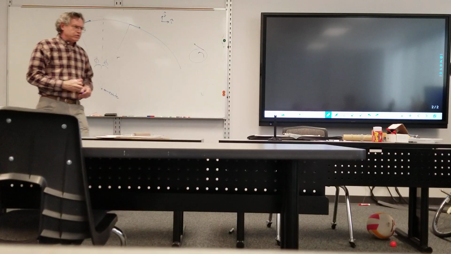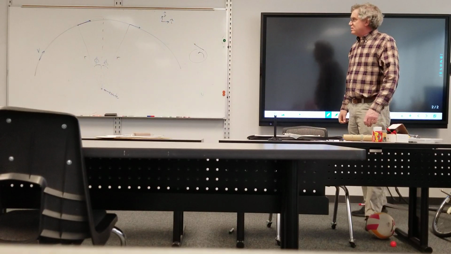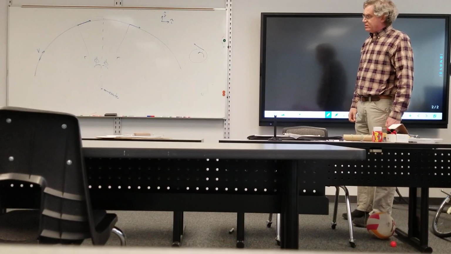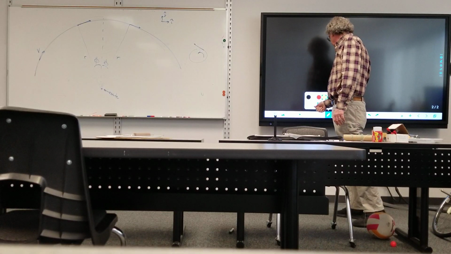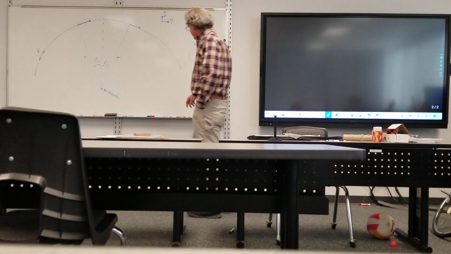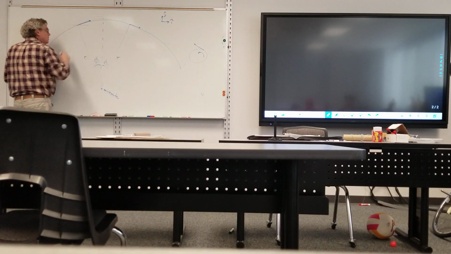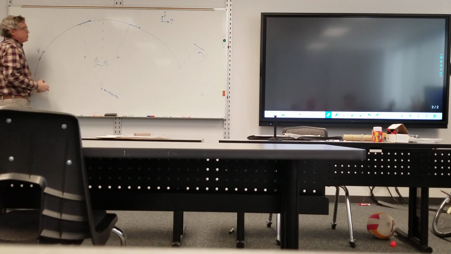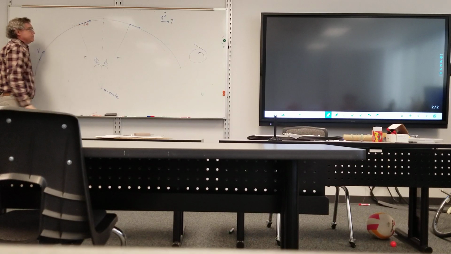I know acceleration is the change in velocity over change in time, so let's actually figure out what the velocity is at these two moments and go from there. So initially, if this angle right here is phi, then this angle here is also phi.